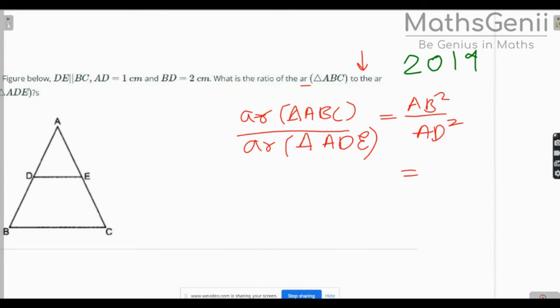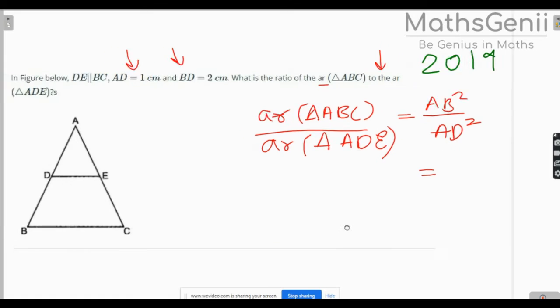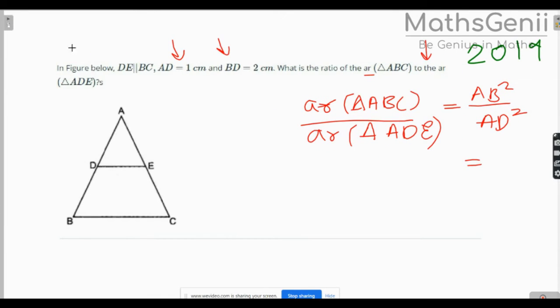So, how much is your AB? AB is not given in the question. AD upon BD is given. Okay. Now we will have to look into this matter. What is given? AD is 1. BD is 2.